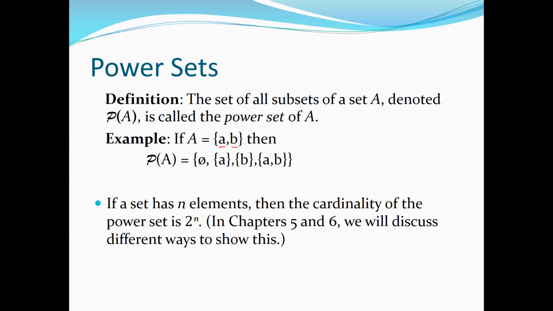I told you in the previous slides that the empty set is a subset of every set, so the empty set is there. So the power set contains the empty set, the sets containing A and B individually, and then the combination of A and B. All right.